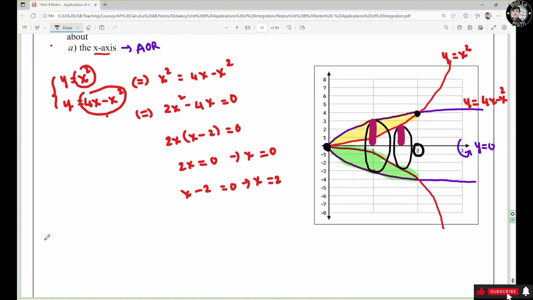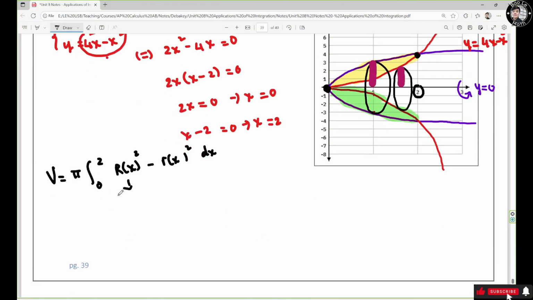So the volume is going to be pi times the interval from 0 to 2 of the bigger radius squared minus the smaller radius squared ds, right? Now the bigger radius means y top subtract y bottom, right?